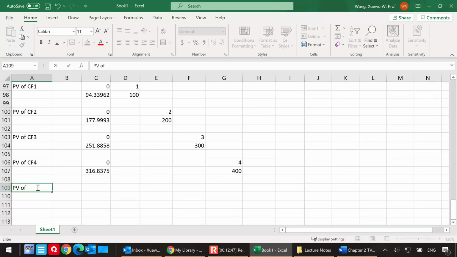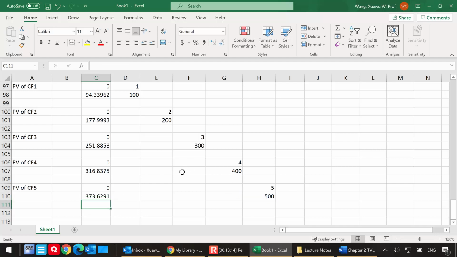So present value of the cash flow in period 5. I'm just going to do the last one here. This is 0, this is 5, and I have $500 cash inflow here, and I want to find out the present value of this fifth cash flow. So this is equal to 500 divided by 1 plus 6% raised to the power of 5.